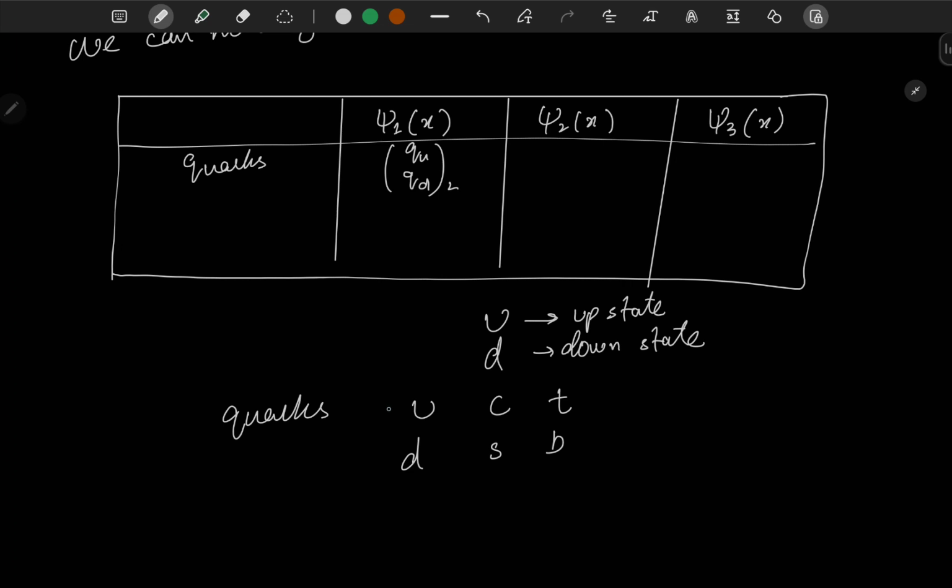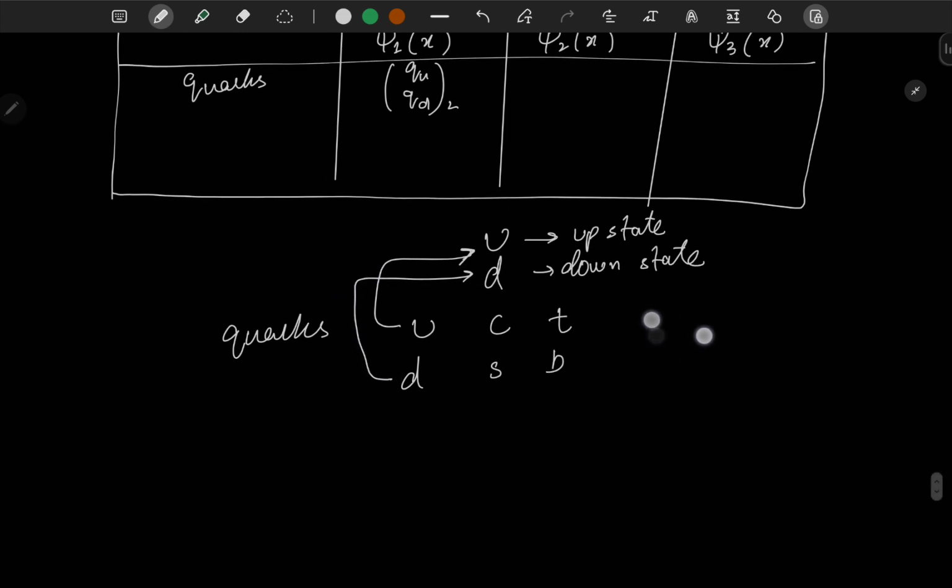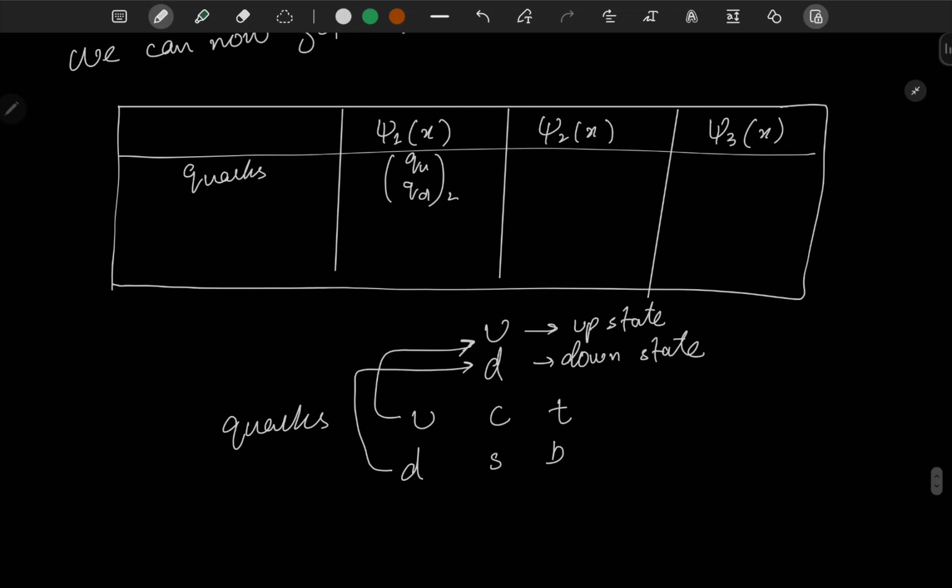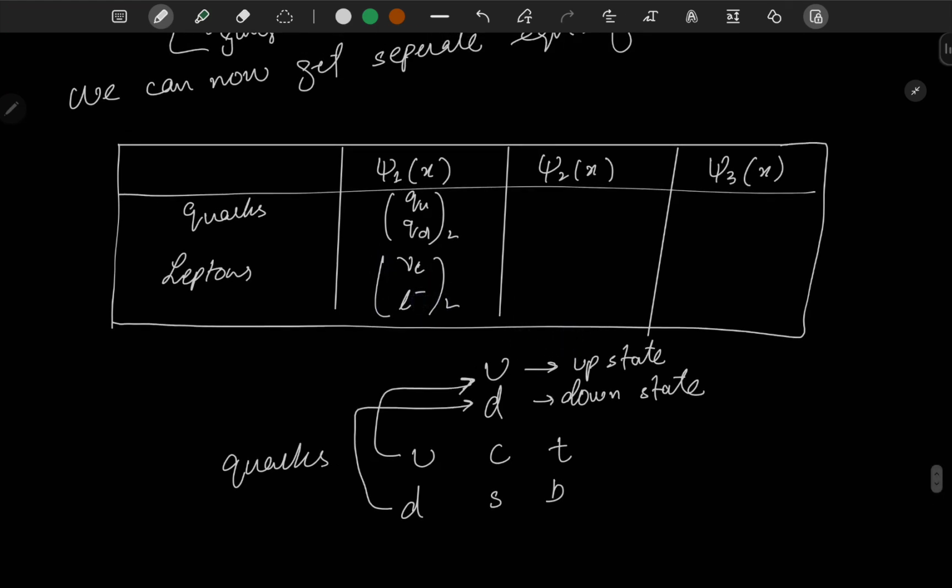So these are up type states and these are down type states. And in the case of leptons, we will have it like this, only the left-handed leptons, left-handed quarks.